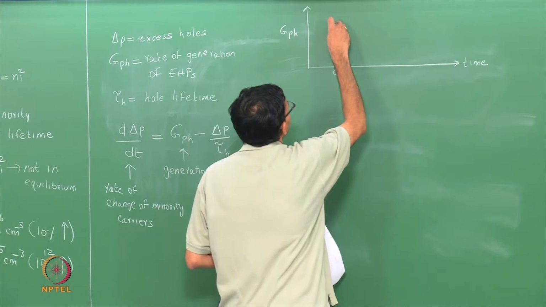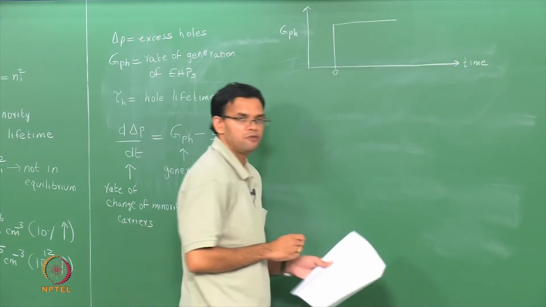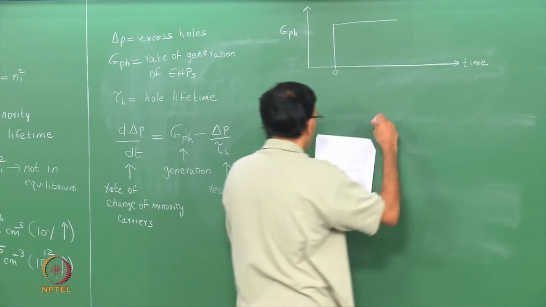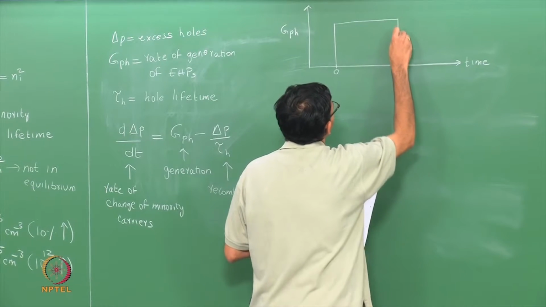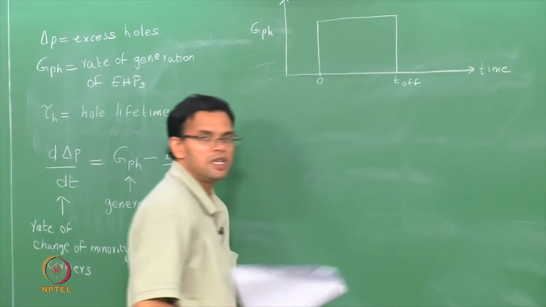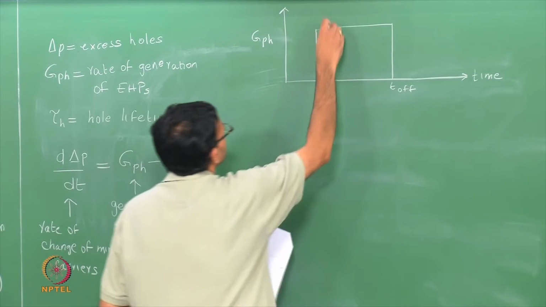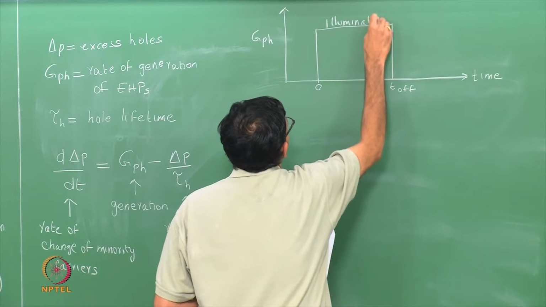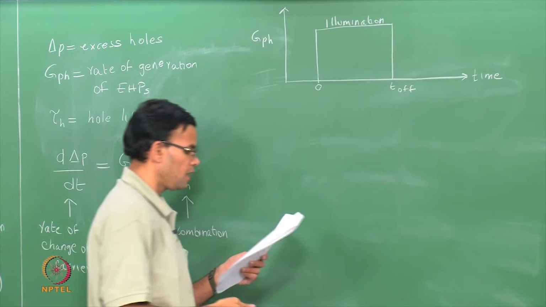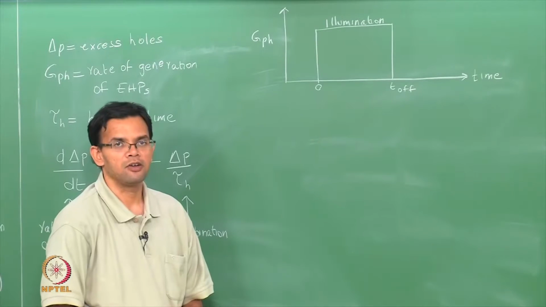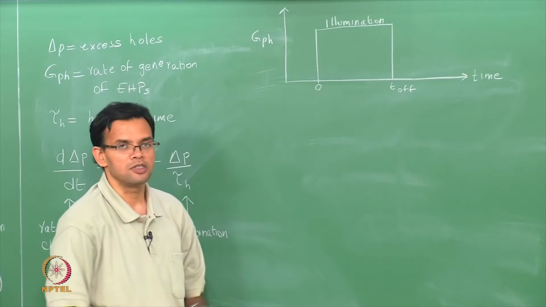We let the light be on for some time, so that the system achieves some steady state, and at time equal to t off, we turn off the light. So, you have illumination within this region. The question we want to know is what happens to the minority carrier concentration in this process.